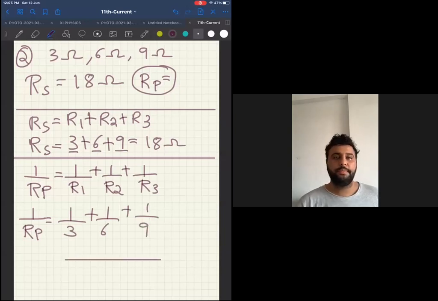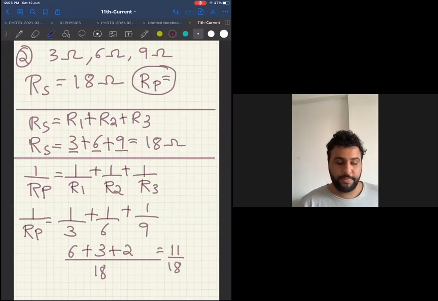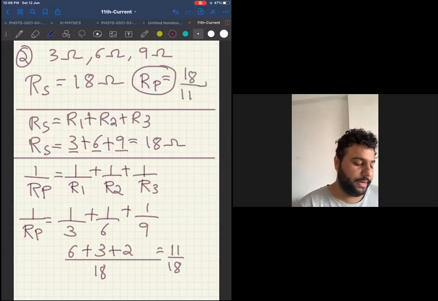Now, what is the LCM of 3, 6, and 9? I think 18 would be the LCM of 3, 6, and 9. Very good. 3, 6 are 18, plus 6, 3s are 18, plus 9, 2s are 18. Therefore, 6 plus 3, 9 plus 2, 11 by 18. But 11 by 18 is 1 by RP. Therefore, RP will be equal to 18 by 11 ohm.